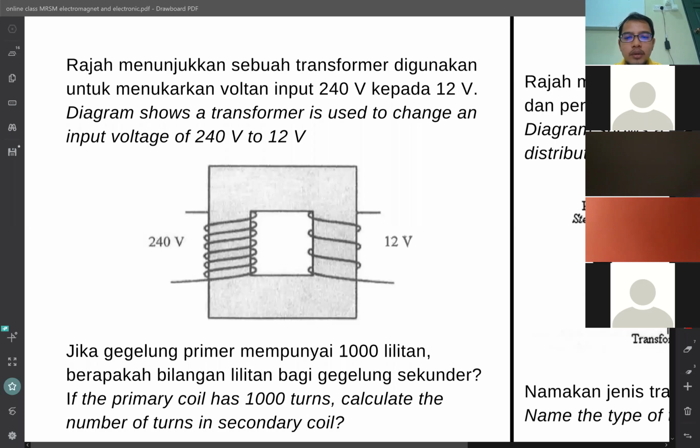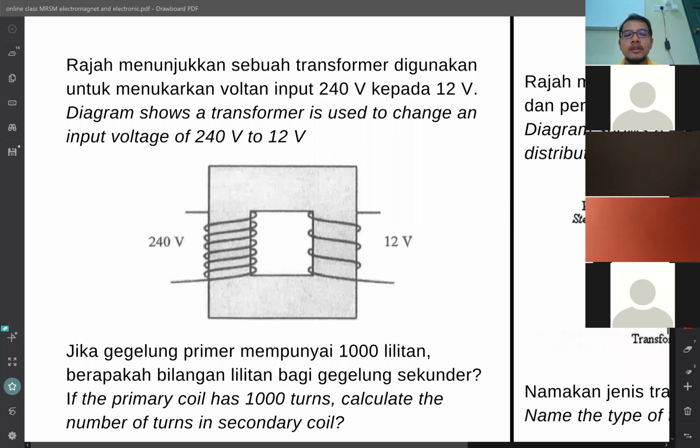So 240 divided by 12. How many times will it reduce? Good. So it reduced by 20 times. If the volt reduced by 20 times, the number of turns will also reduce 20 times. Basically the formula is a mathematics formula, for ratio.